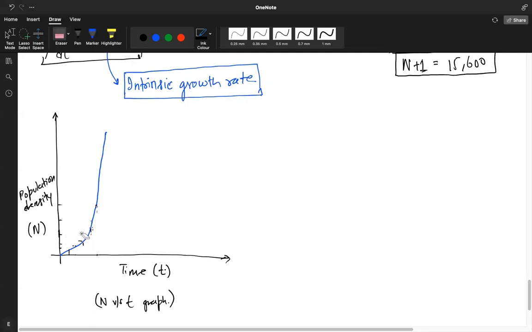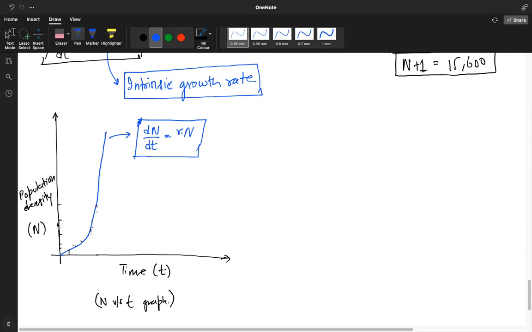So do you think this kind of growth is sustainable in nature? Because here you see that there is no limit. So this line is denoting exponential growth. dN by dt is equal to rN, where this r is positive, and it will keep increasing the N in every generation or every time frame.